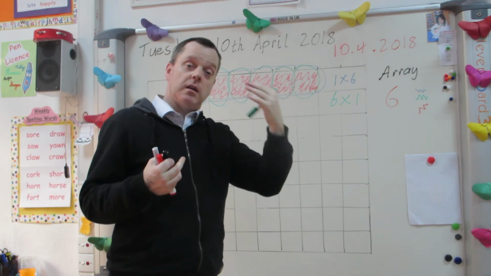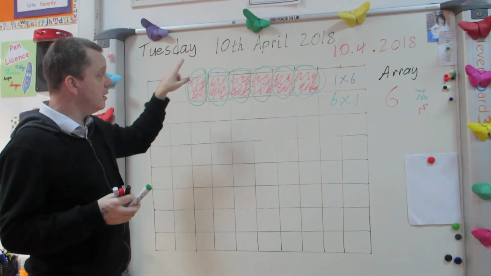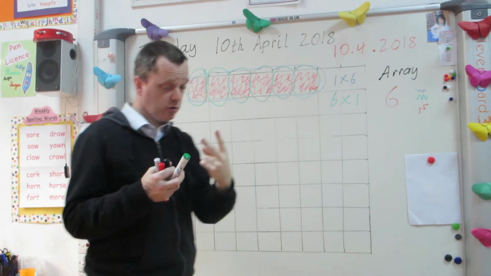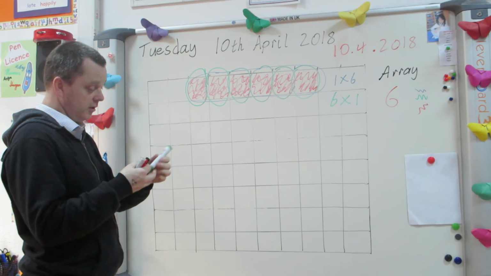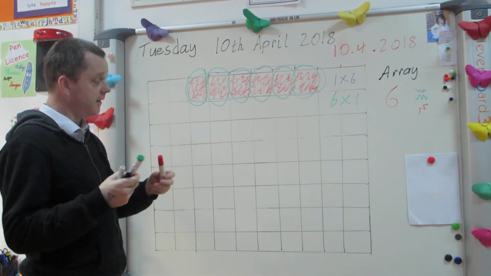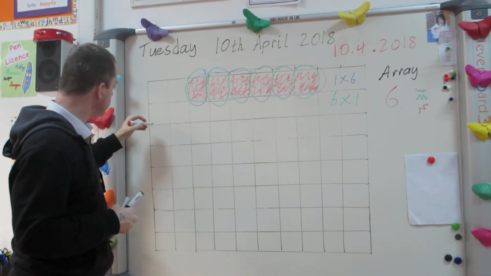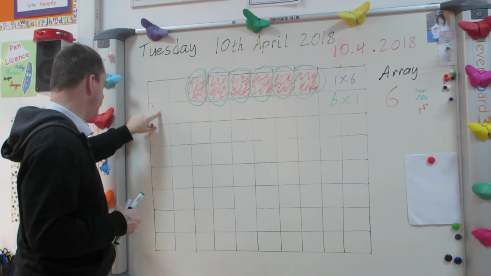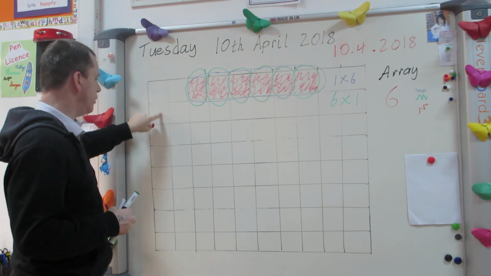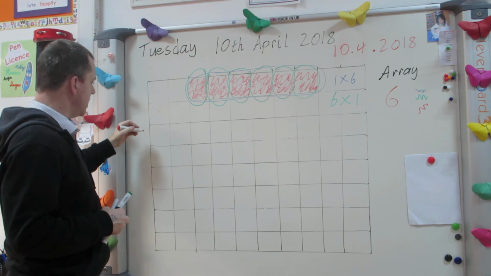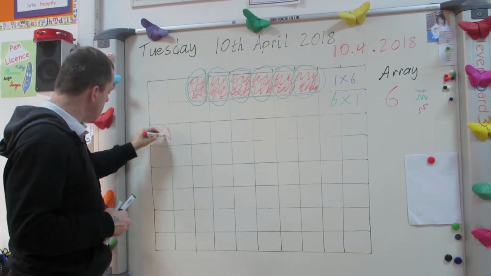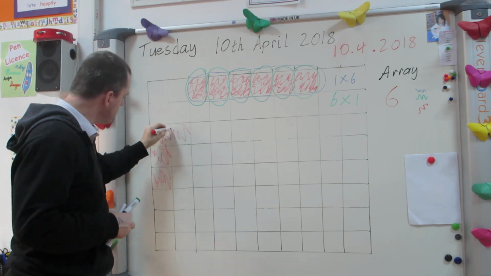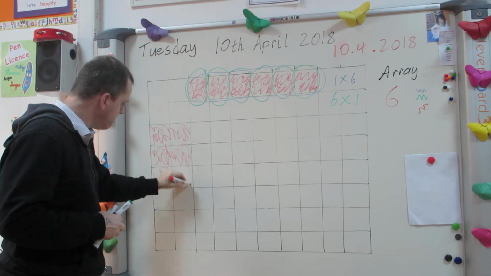Okay, that's one way you can show the number 6, and there are 2 more ways you can show the number 6. I could do the number 6 like this. Oh, that's not right. I don't want to start there. Okay, start here. 1, 2, 3, 4, 5, 6.